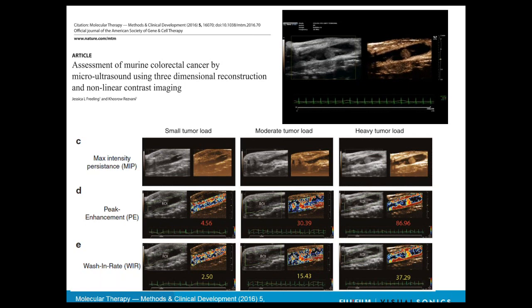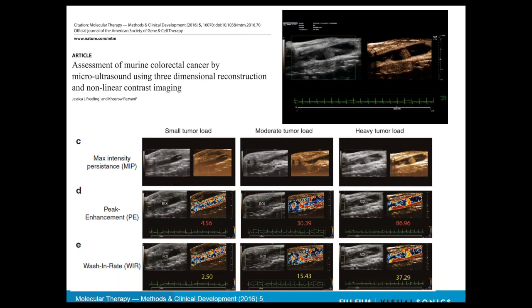As you can see, as the tumor progression moves on, you get a much higher peak enhancement signal, and you also get a higher wash-in rate. And what these parameters mean, we'll come to in a second. So this is one nice example how you could study tumor models using the Vevo systems.